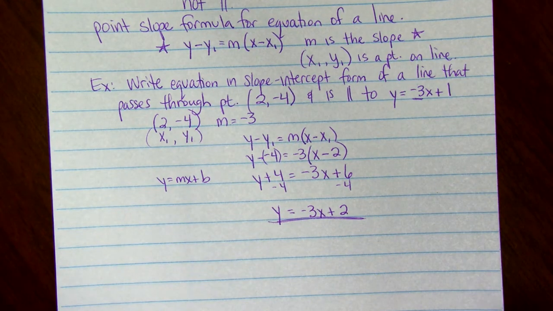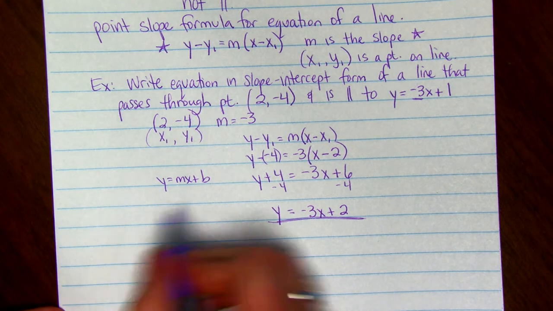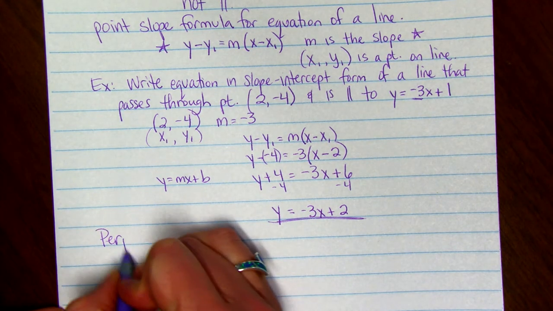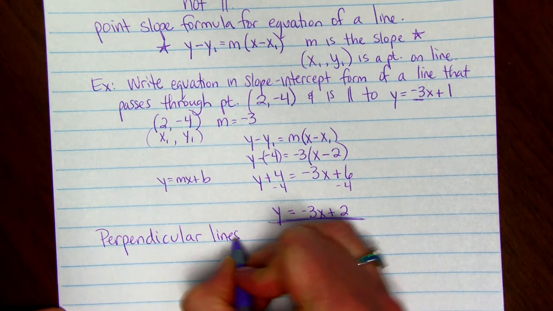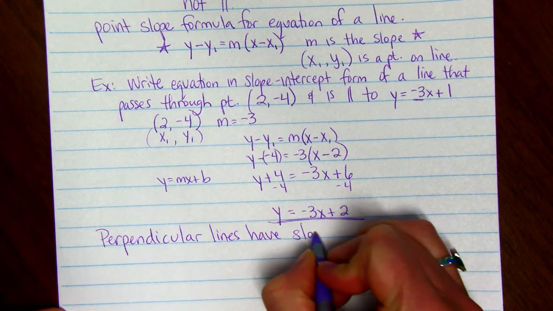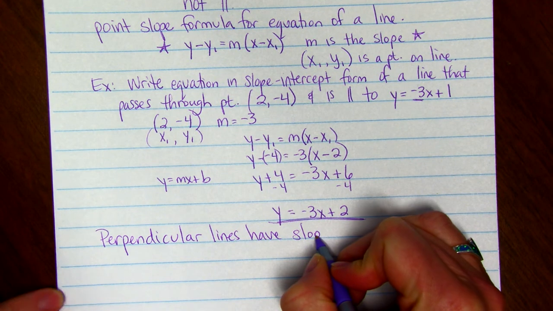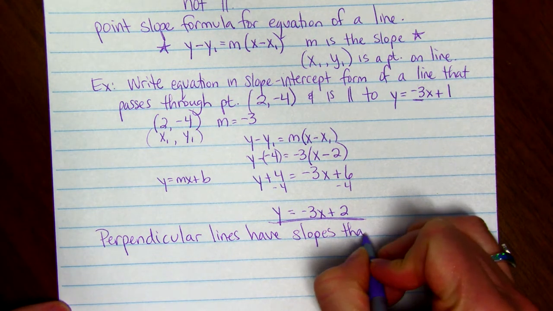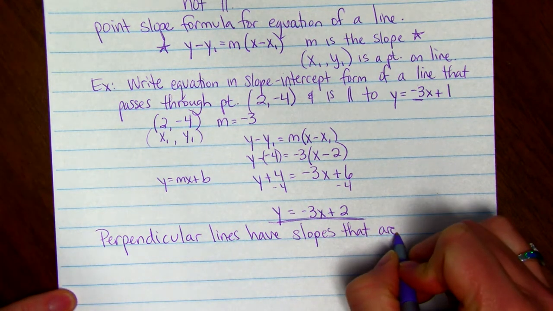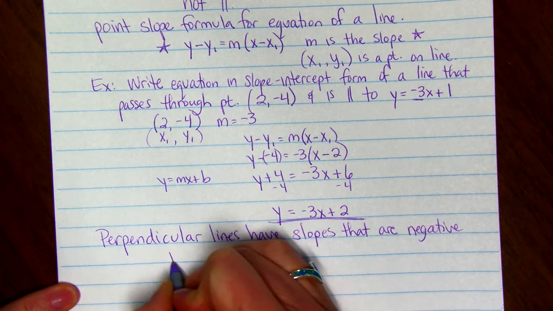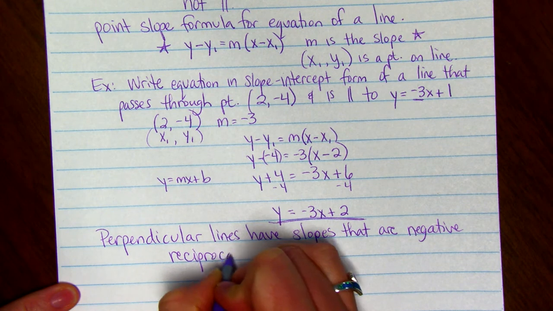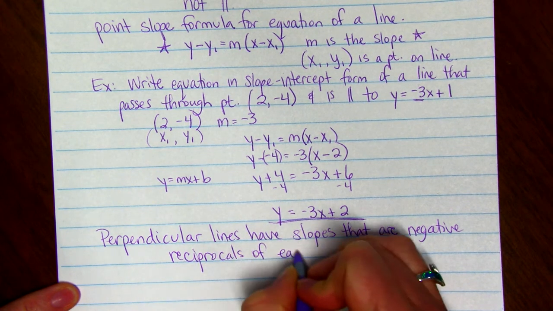Now we're going to talk about perpendicular lines. The slopes of perpendicular lines are negative reciprocals of each other. So perpendicular lines have slopes that are negative reciprocals of each other.